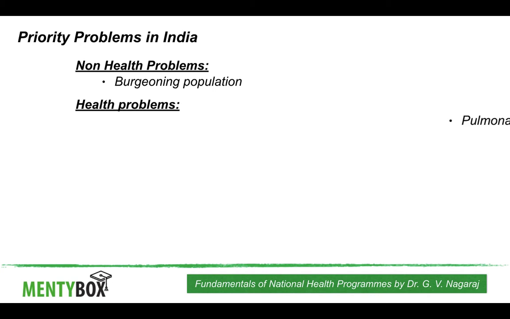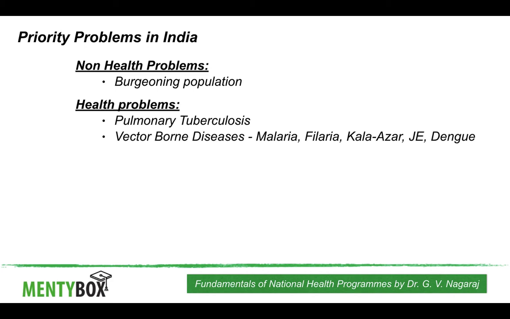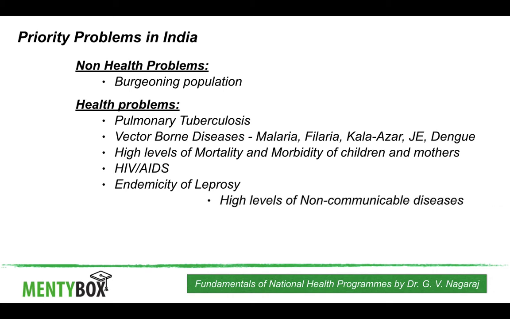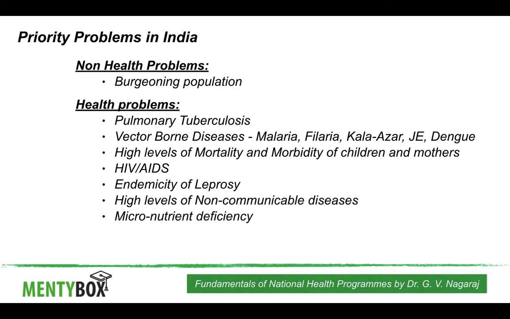We have health problems: pulmonary tuberculosis, vector-borne diseases, malaria, filaria, Kala-Azar, Japanese encephalitis, dengue fever, high levels of mortality and morbidity of children and mothers, HIV or AIDS, endemicity of leprosy, high levels of non-communicable diseases, micronutrient deficiency, challenged population, aged population.